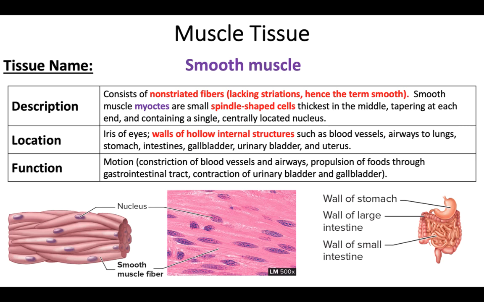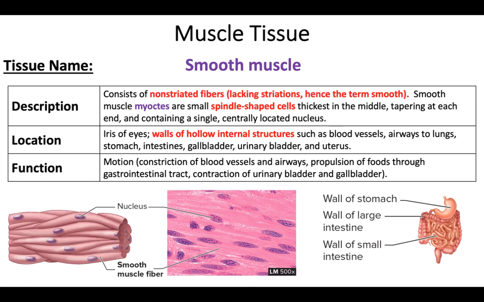So either walls of hollow organs, and then there's a few exceptions, like your eye actually has some muscle on the inside of it. Your iris, which is that pigmented part with the pupil in the middle, constricts and dilates because it has smooth muscle. And there's a few other areas which we'll probably get to at some point, but for now we need to know that it's non-striated.